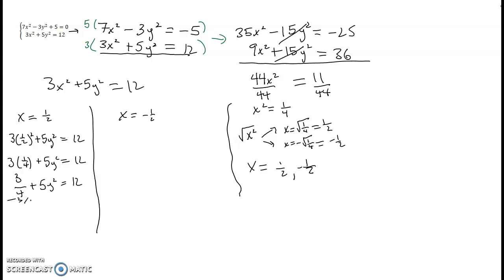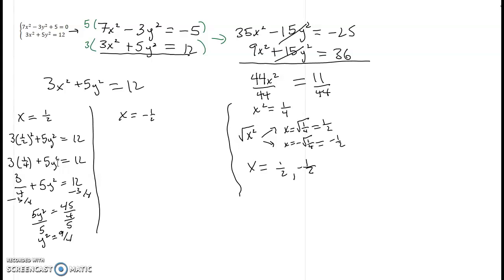Let's move that 3/4 over, minus 3/4. 12 minus 3/4 is, I think, 5y squared equals 45/4. So 45/4, when we divide both sides by 5, we get y squared is equal to 9/4.